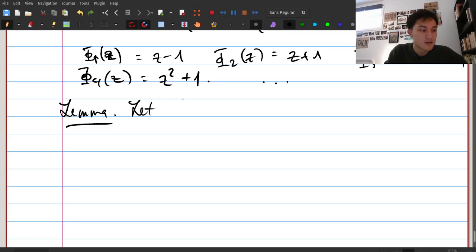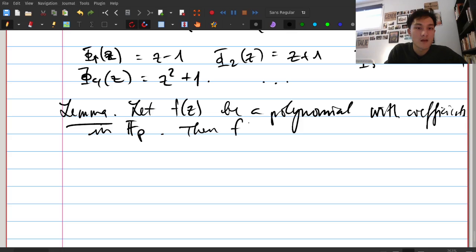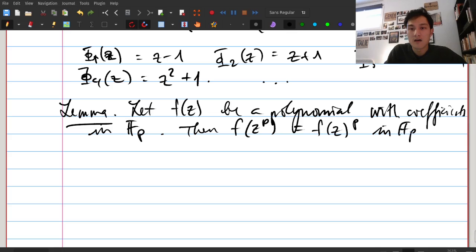So let f(z) be a polynomial with coefficients in F_p. Okay? Then f(z^p) is equal to f(z) all to the p in F_p of z.